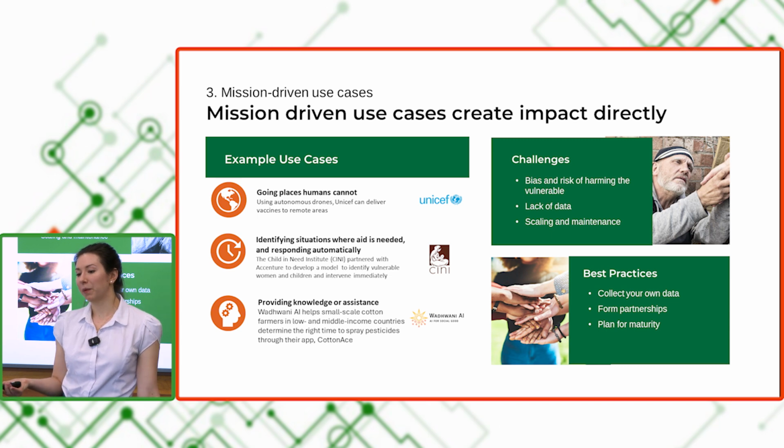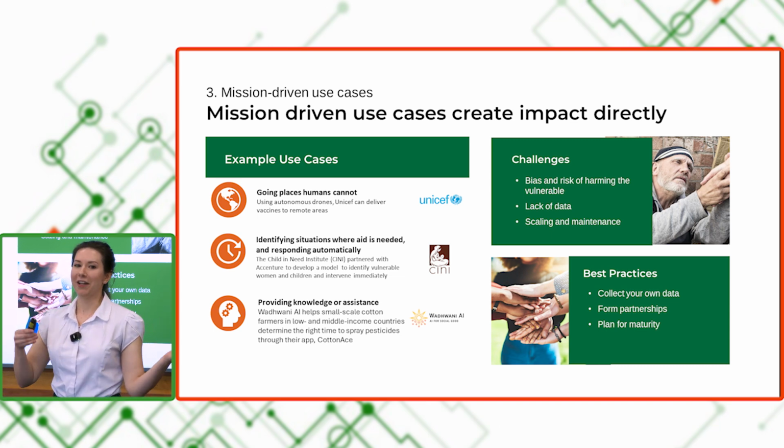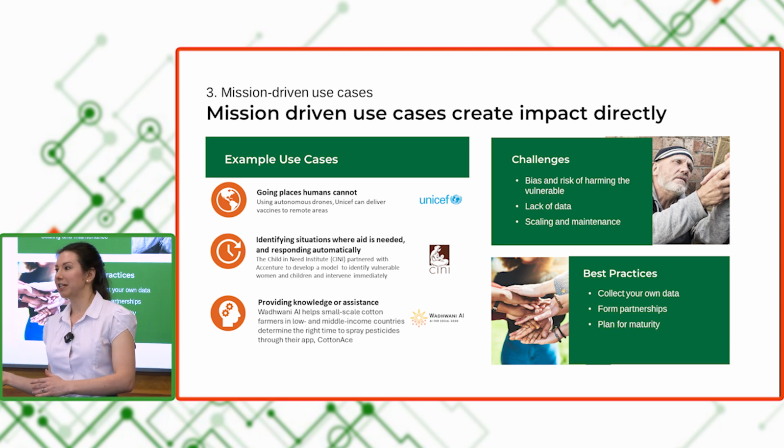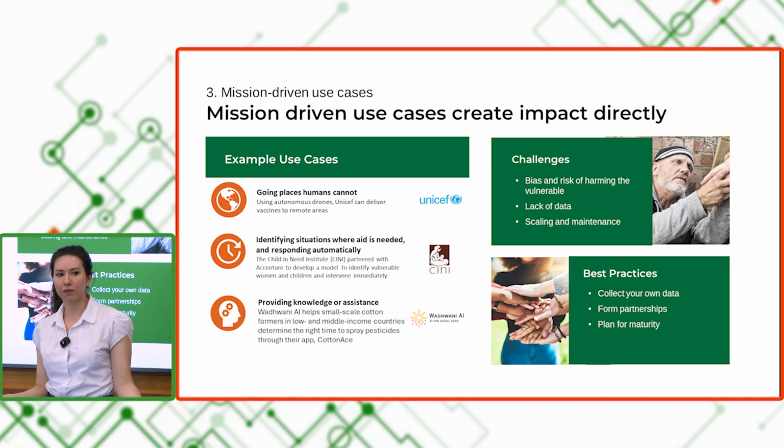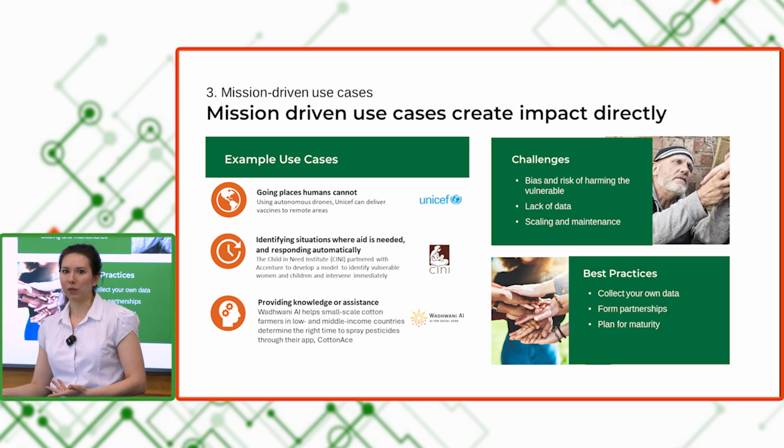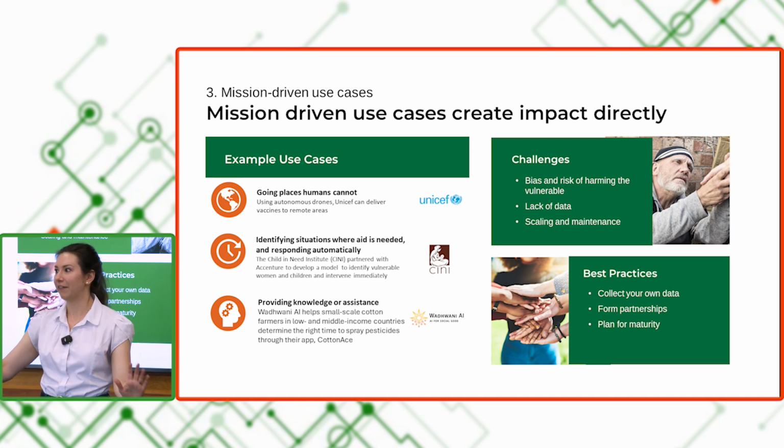So for example, Wadhwani AI developed a model to help cotton farmers in rural areas and low-income countries identify pests and determine the opportune time to spray pesticides. And so this was like a huge social issue for these farmers. It's their livelihood. And by getting this out to them in an app, it can provide them the knowledge and tools to help their cotton production without actually having someone having to go out there and train them on this.